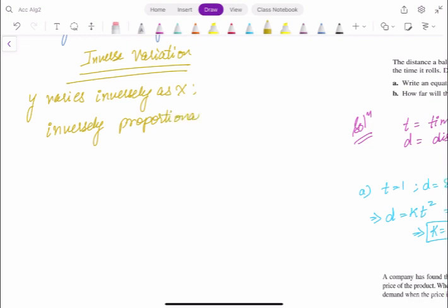So how should we write the equation? It is the opposite of direct, right? Direct was the product, so it will be the quotient format, which is p over q format. So we will say y = k over x. So x will be in the denominator, k will remain in the numerator. So again, a clue: inverse is quotient format, direct is product format.